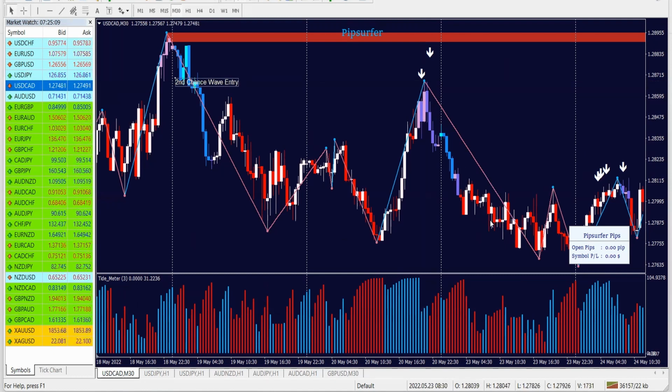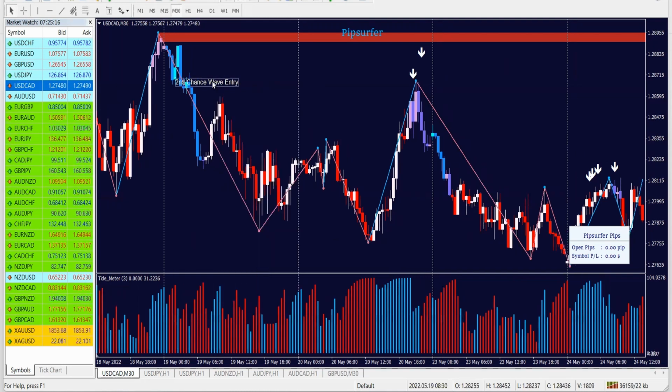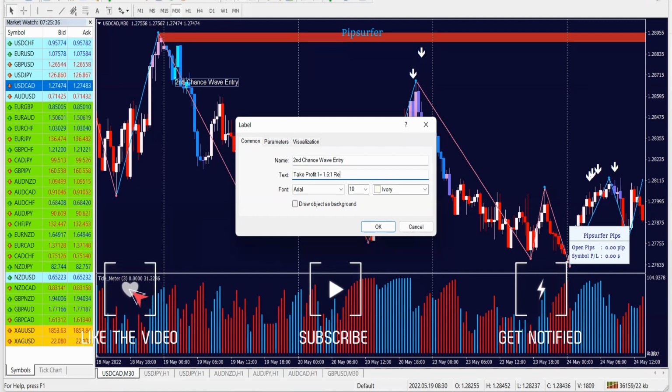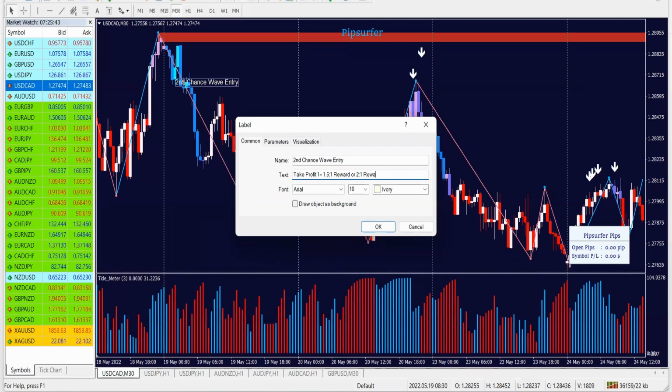So your take profit 1 equal to 1.5 to 1, or 2 to 1 reward to risk.